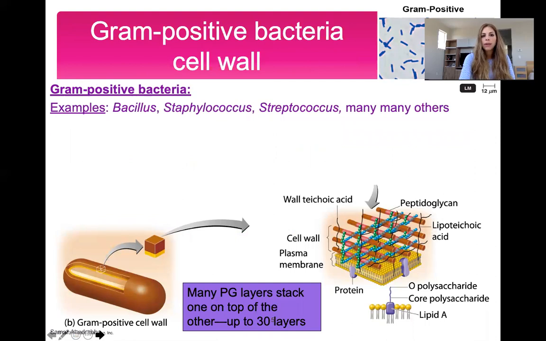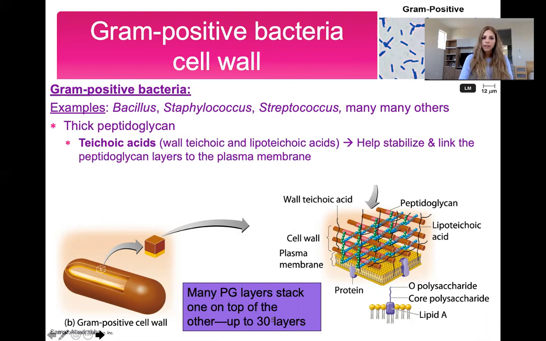So let's focus on gram-positive bacteria a little bit. Examples of gram-positive bacterial species are Bacillus bacteria, Staphylococcus bacteria, which cause staph infection, various Streptococcus bacteria, for example, they can cause strep throat, and there's many, many others. I don't really care that you memorize that these bacteria are specifically gram-positive.